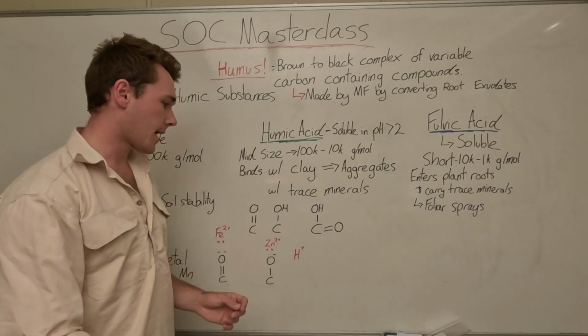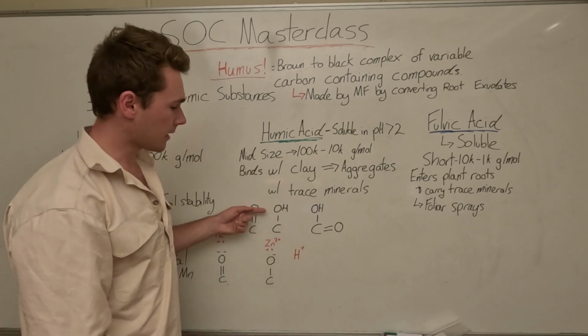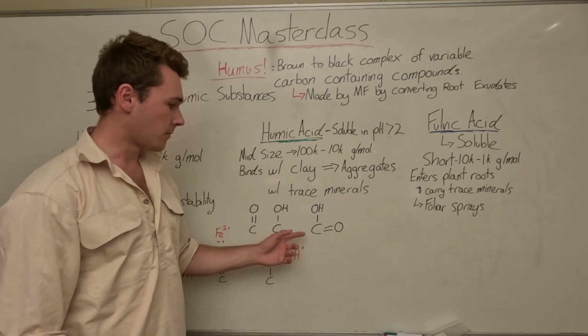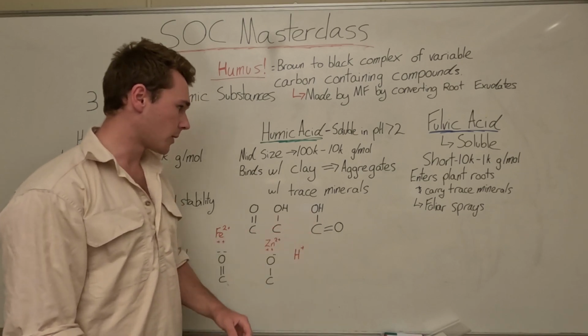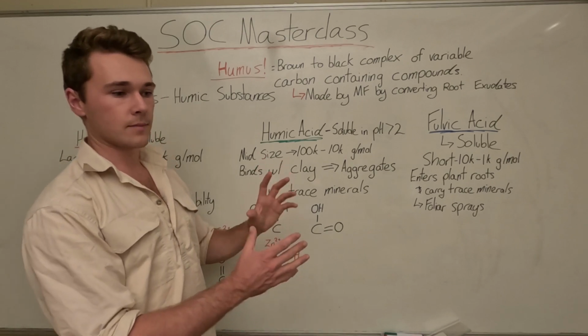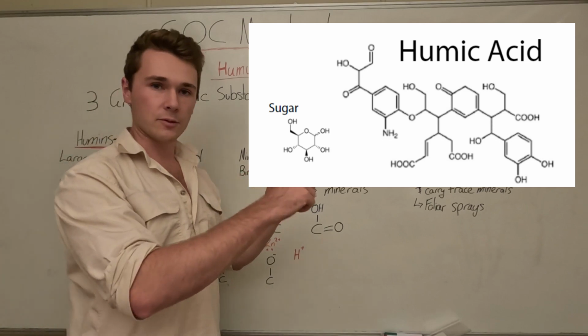The alcohol group has this hydrogen that typically dissolves off, making the oxygen a lot more negative. And then we also have the combination of the two here. So as you can see in the overall molecule, you'll see a lot of different sites on that.